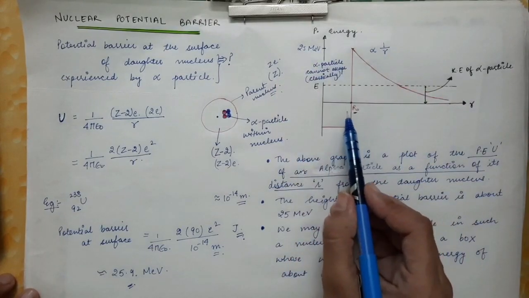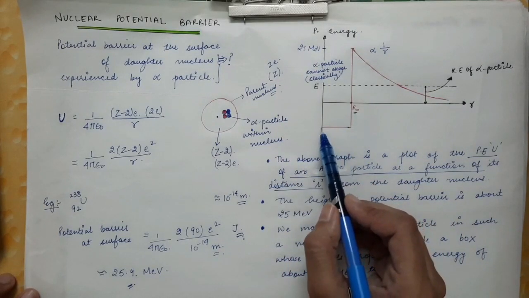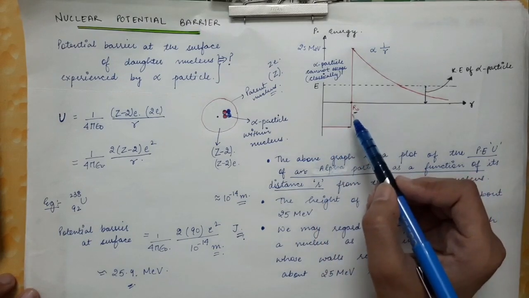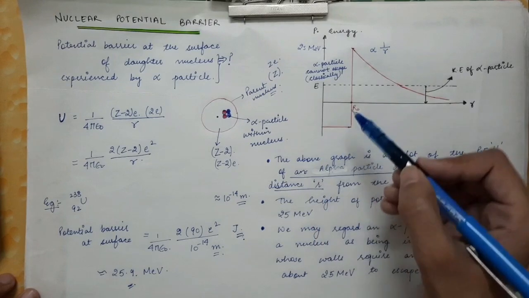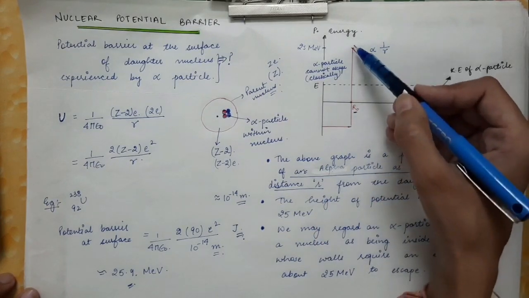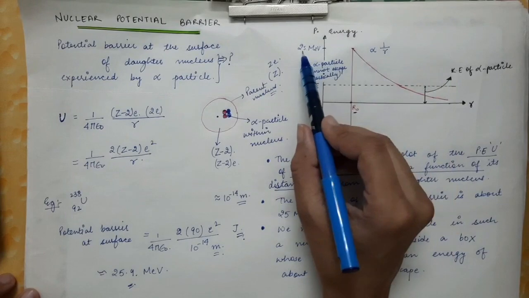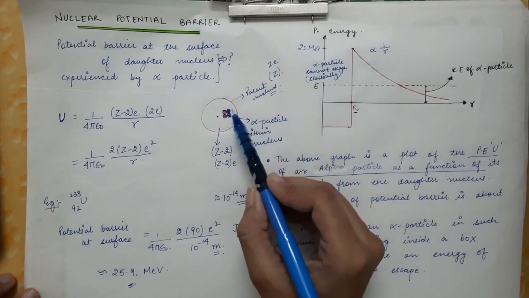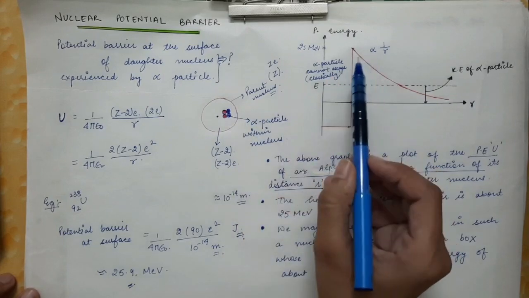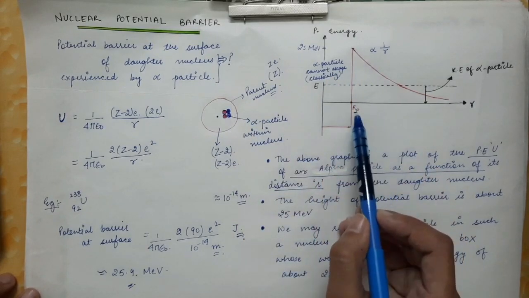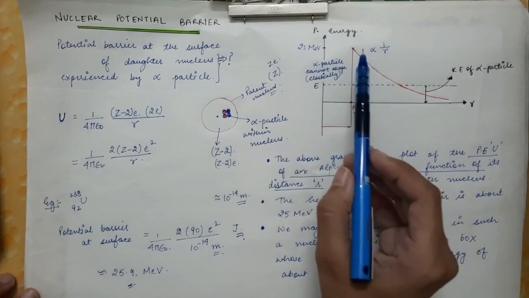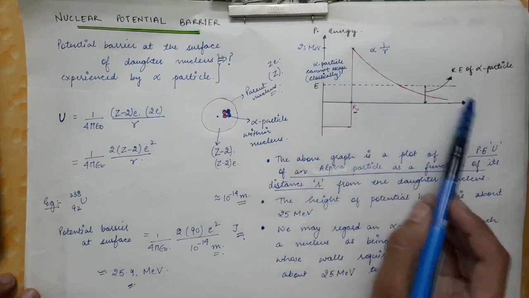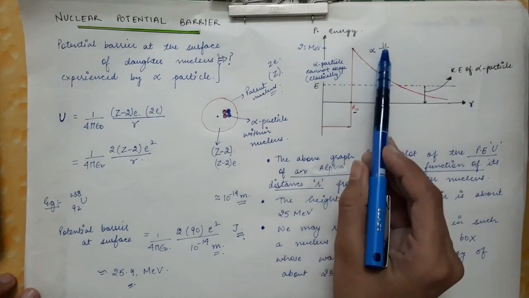When the alpha particle is within the nucleus, the potential is negative, and when the alpha particle comes to the surface, the potential energy increases to 25 mega electron volt. After that, when the alpha particle goes out of the nucleus, that is, the distance is greater than r0, the potential goes to 0 with the relation of 1 by r.